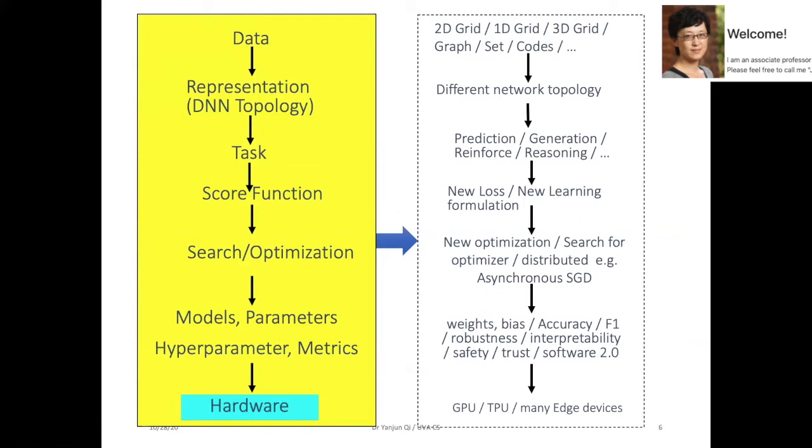Now people care a lot about 2D grid data, which is exactly the imaging data, 1D grid data, which is the audio data or text data, and 3D grid, like virtual reality, where spatial information is captured, graph sets, and so on and so forth. We will talk about them in the following slides, so I will not enumerate every one of the values of each variable, but feel free to check out my slides later. I'm going to share the link later.